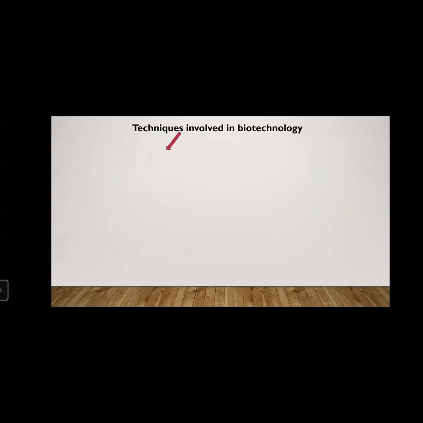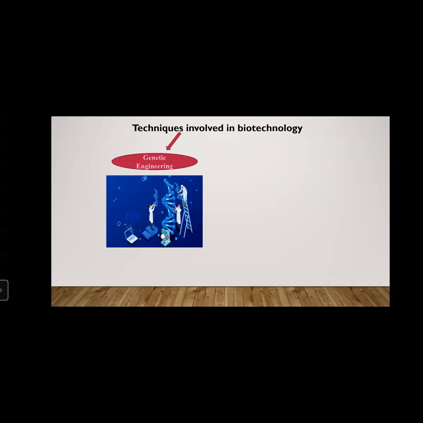There are basically two techniques involved in biotechnology. First is genetic engineering, where the genetic material of the organism is changed. Now, how it is done, that we will be seeing. We all know genetic information or the genetic material is present on the DNA and the RNA of the organism.